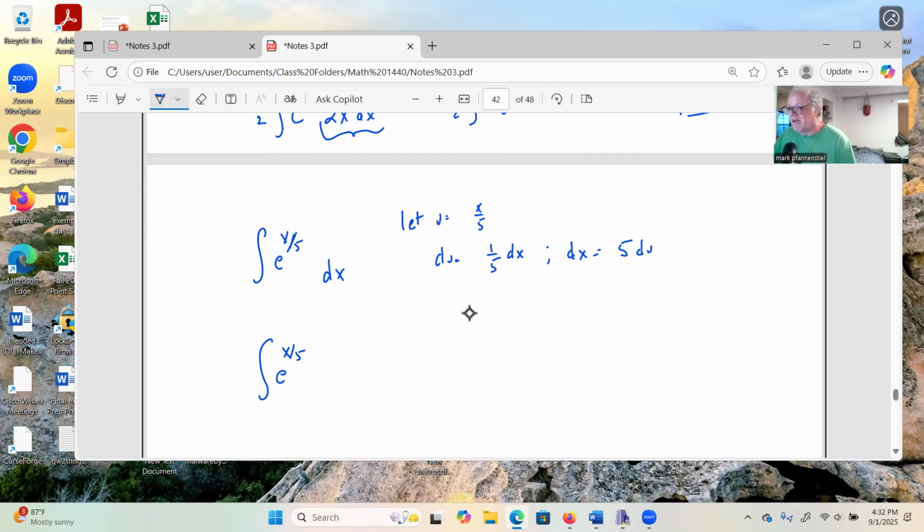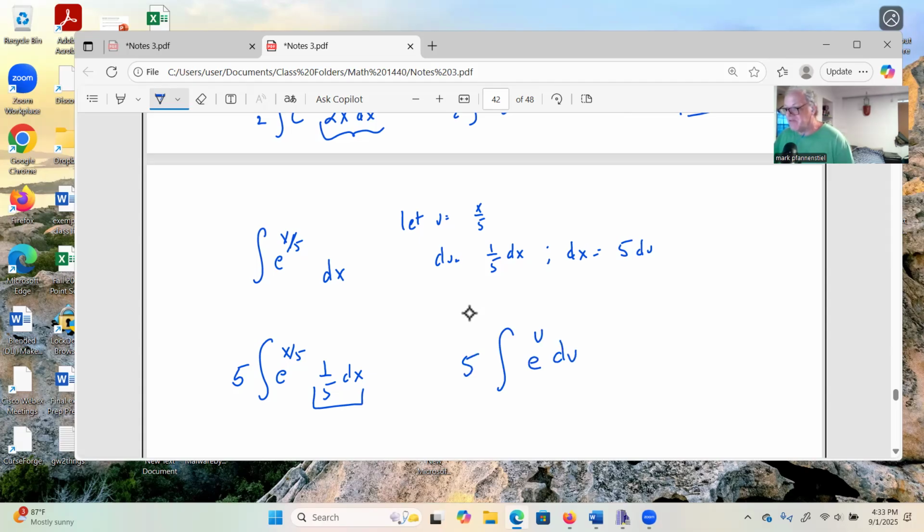I need a 1/5 dx, but I can't go around multiplying everything by 1/5. You wouldn't like it if I multiplied your bank account by 1/5. No. We have to multiply by 5 times 1/5. This cancels out and makes a 1. So we end up with, here is my du. So we have the integral of e to the u du.